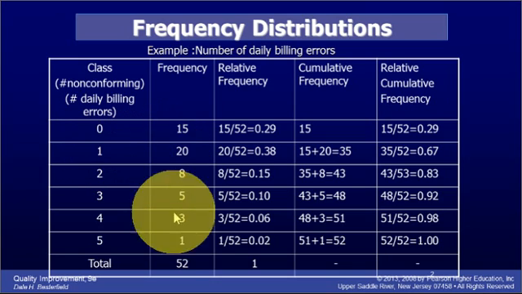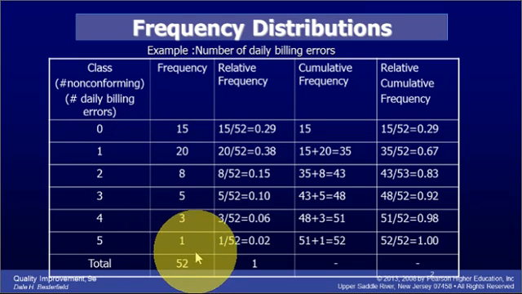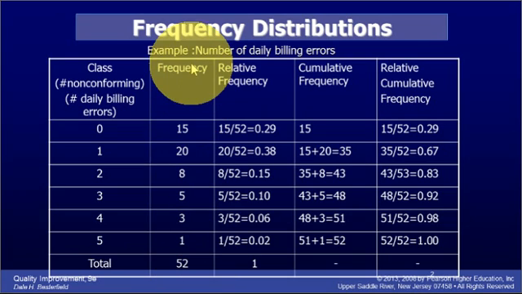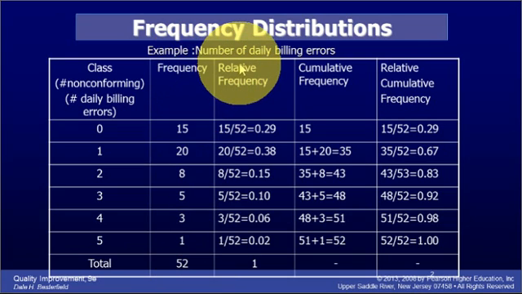So we have a total of 52 days. Therefore, the total number of our data points is 52. And if you use the second column, divided by this total, divided by the 52, then we got this relative frequency.